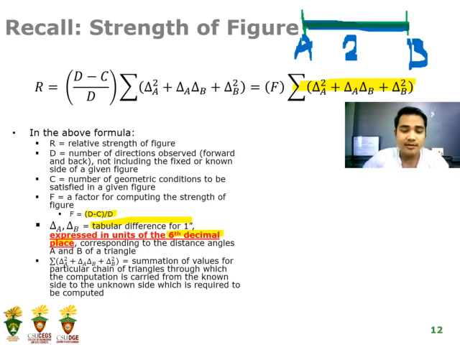The tabular difference of 1 second for distance angle A is what we call change in A, and the tabular difference of 1 second for distance angle B of that triangle is the change in B. The summation of change in A squared plus change in A times change in B plus change in B squared is the summation of values for a particular chain of triangles through which the computation is carried from the known side to the unknown side, which is required to be computed.